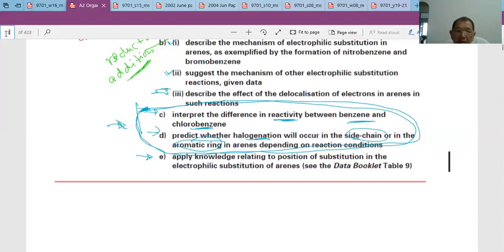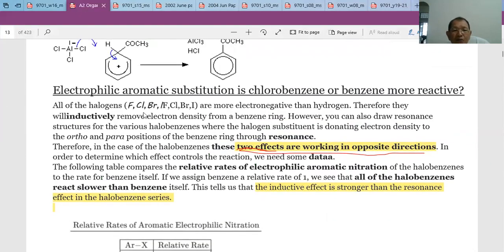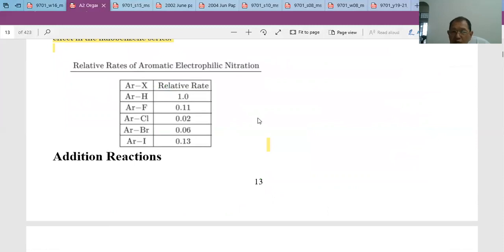Okay. Now see here, right? Electrophilic substitution is, which means that they ask you to compare here. I'm going to do it here, okay? I'm going to draw here. They say now, relative rates of aromatic electrophilic nitration of, okay? That means I got benzene here. And I got chlorobenzene here.